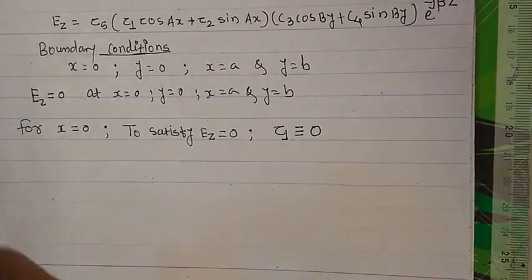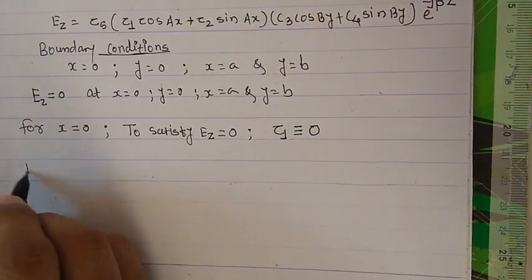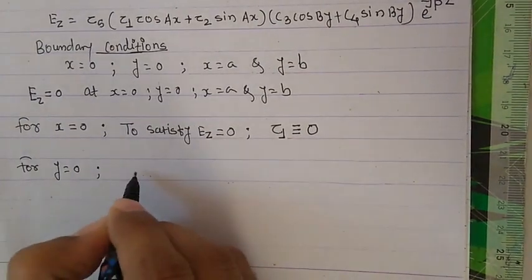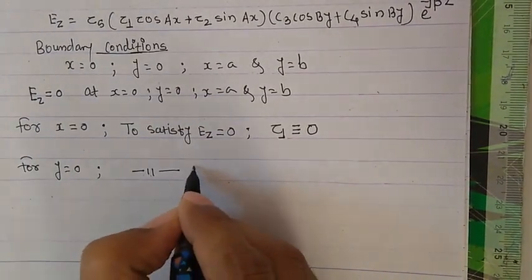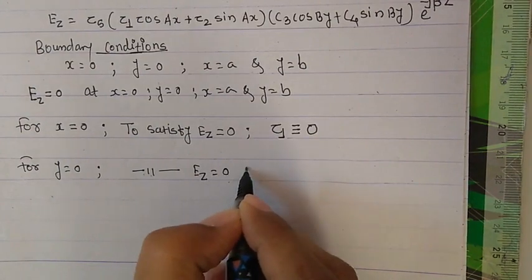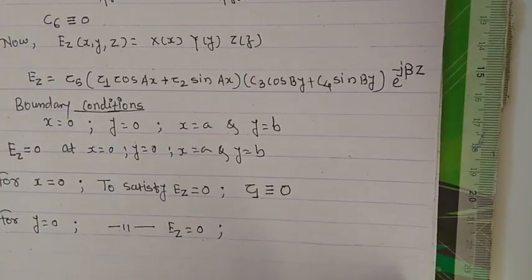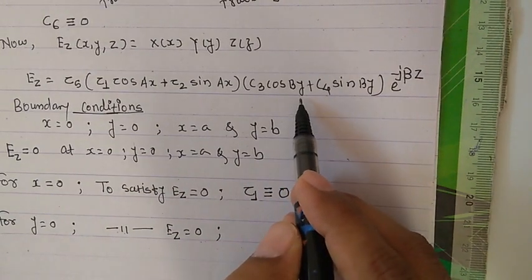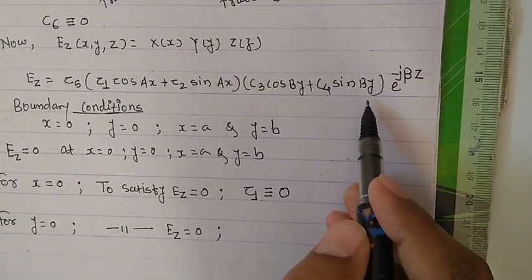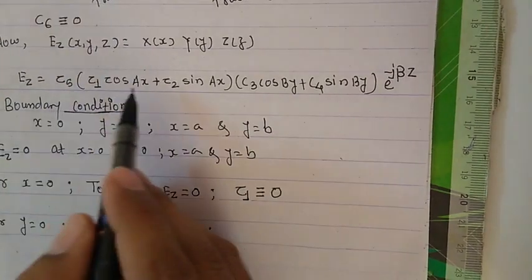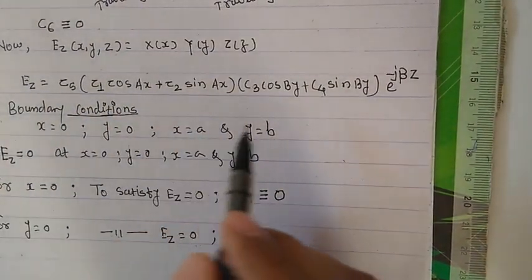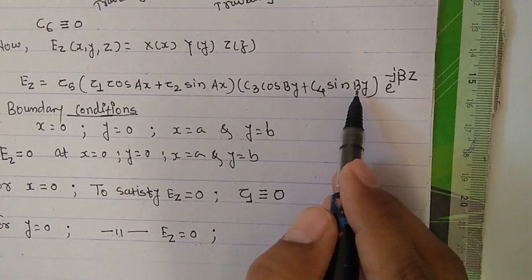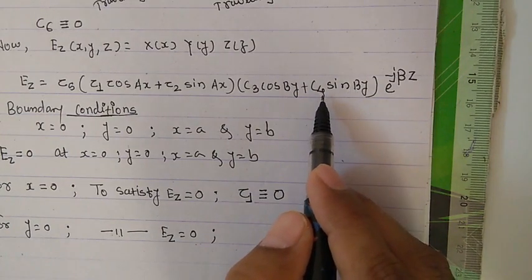For y equal to 0, to satisfy Ez equal to 0, now again look at this equation. At y equal to 0, if you put y equal to 0, sine 0 will be 0, so there is nothing related to C4.